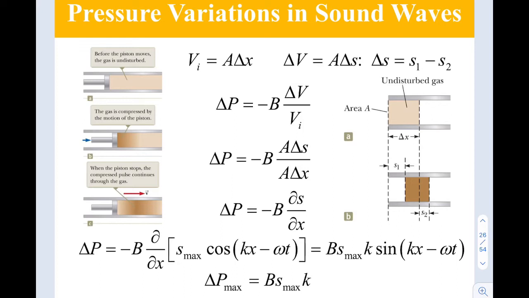So what actually happened to the undisturbed gas when the piston is moved? It is happening like this. Initially, this is the section we are going to consider, undisturbed gas, having area A and delta X as the distance.